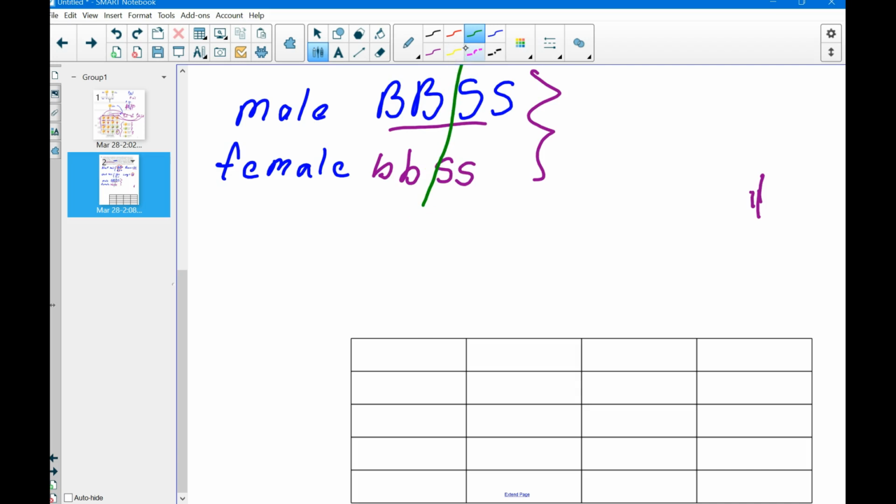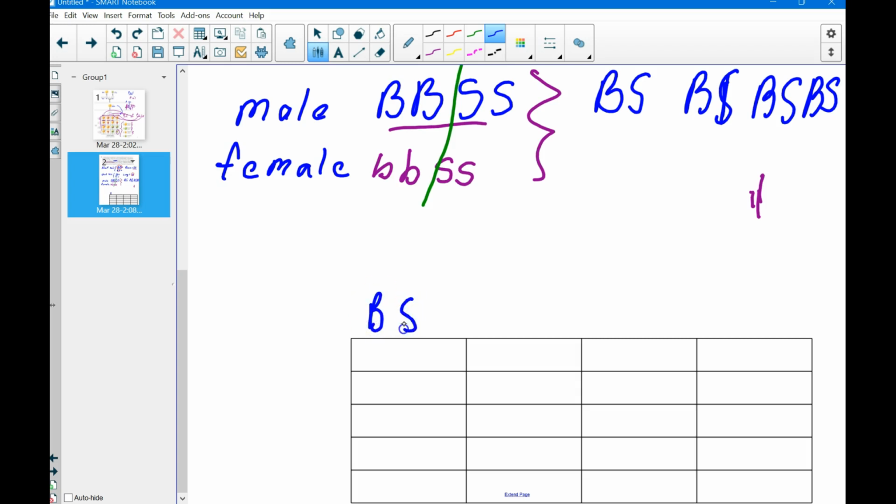So up here, it's going to be big B, big S, big B, big S, and big B, big S, and big B, big S. So it's going to be all the same. So up here we're going to have BS. I'm sure they didn't think about BS when they were making this.